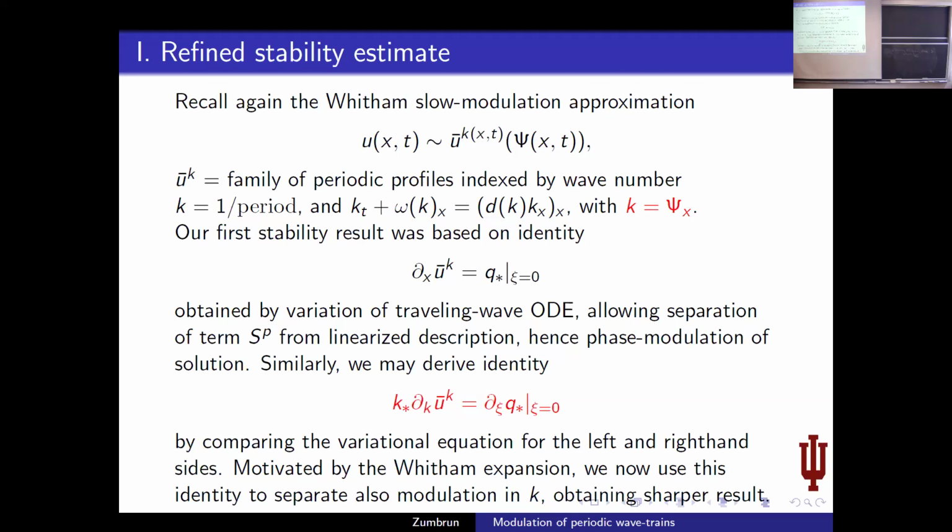If we go further from the traveling wave equation, taking the variational equation for the left and right-hand sides of the traveling wave ODE, we get this identity, that the variation in K is the derivative in C of Q, a very nice formula, times K star. K star is the period of the background wave. That's where we're differentiating. So that's taking variations of the left and right hand side of the traveling wave ODE.